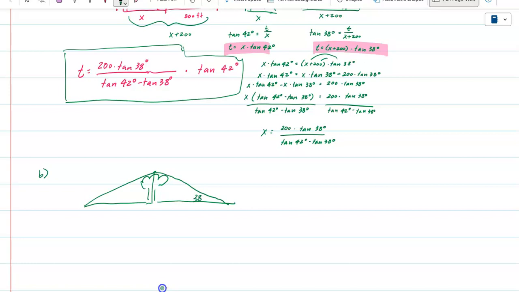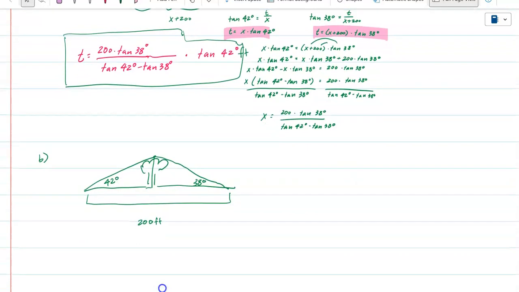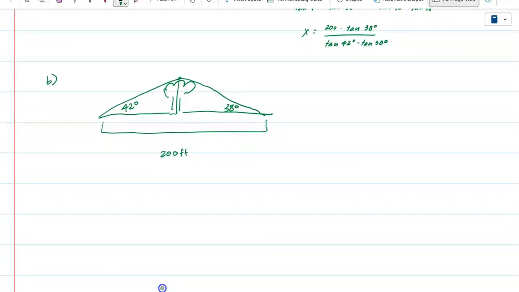That's 38 degrees, and that is 42 degrees. And so that entire distance is 200 feet. By the way, this was in feet. Okay, so if I say that that distance right there is x, that splits it, then the other part should be 200 minus x.